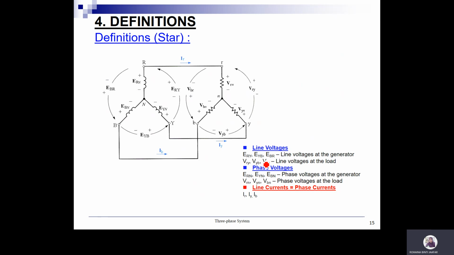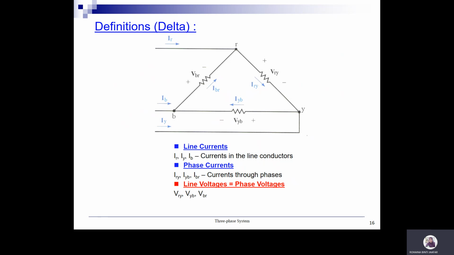the three-phase circuit. Then the definition for delta. This is your delta connection at the load. Because it is at the load, the line current is in small letters: IR, IY, IB, the current in the line conductor.